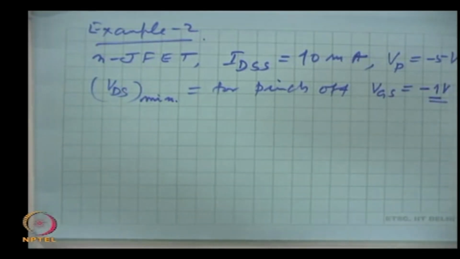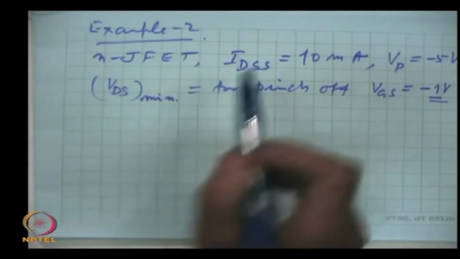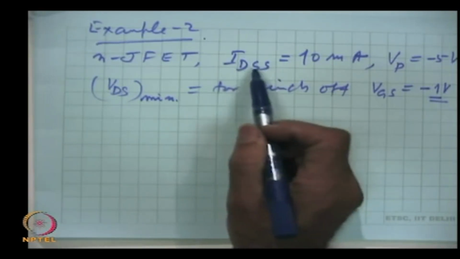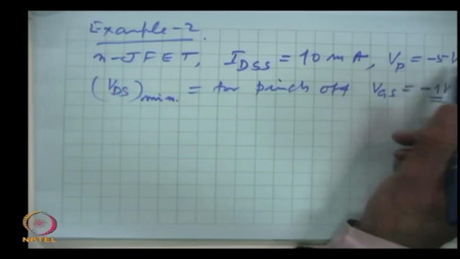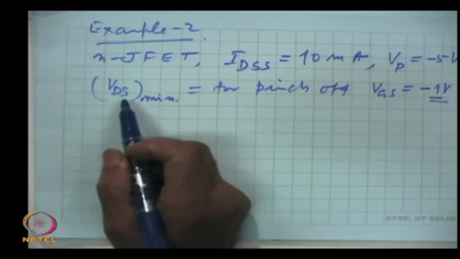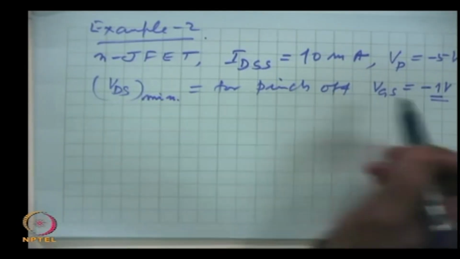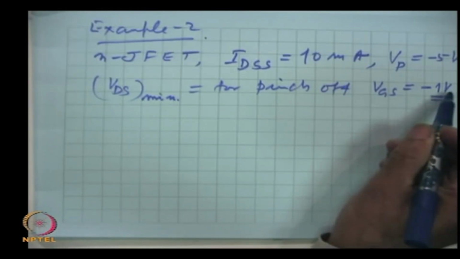I repeat, an N type junction field effect transistor which has the maximum current, the IDSS, as 10 milliampere, the pinch off voltage of minus 5 volts, and we have to find out the minimum value of VDS for pinch off.